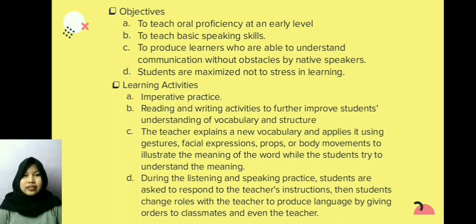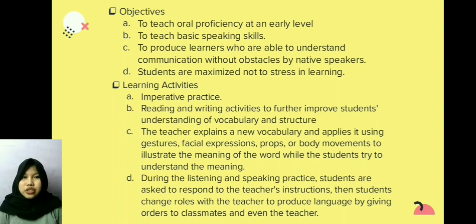And then I will tell you about learning activities in this method. In the total physical response method, the main class activity is imperative practice. Strategies or activities in this learning method include role-playing and slide presentation. Role-playing focuses on situations in everyday life, such as in a restaurant, supermarket, or gas station.